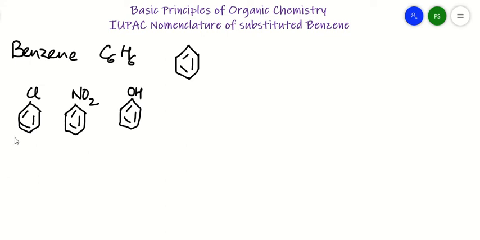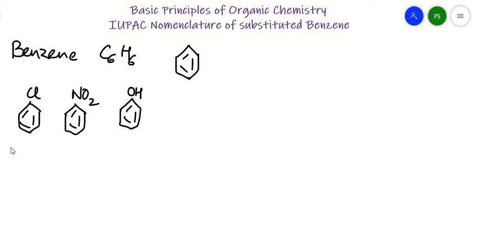Let's write their names. As I said earlier, we write the name of monosubstituted benzene by placing the name of the substituent as a prefix to benzene.